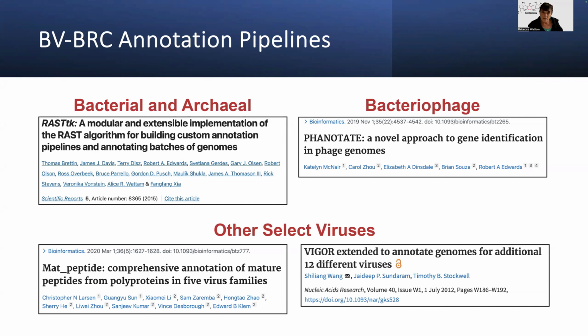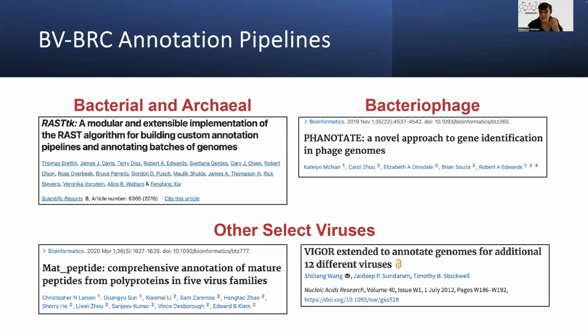Now, the other viruses are a little bit different. First of all, we don't annotate at this point all the viruses. We concentrate on select human viruses. And the first pipeline that we run is called Vigor4. It will annotate select viruses.